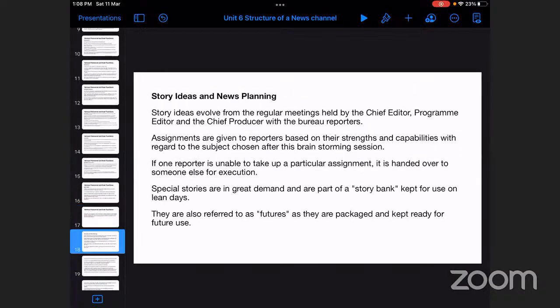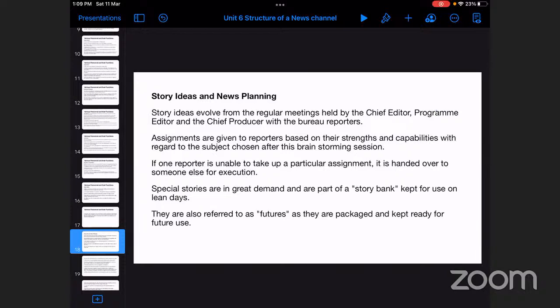So again, the very important task: we have news editors, input, output, planning, and executive. But how do you get the story ideas and news planning?